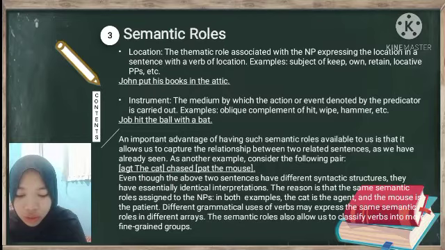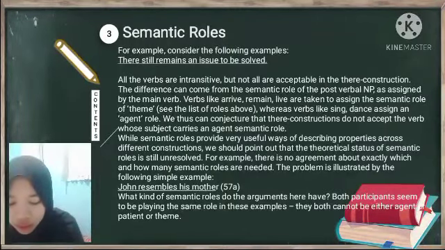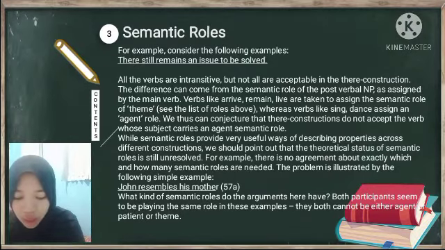The semantic roles also allow us to classify verbs into finer-grained groups. For example, consider the following example: There still remains an issue to be solved. All verbs are intransitive, but not all are acceptable in this construction.